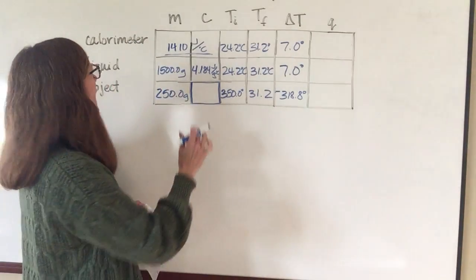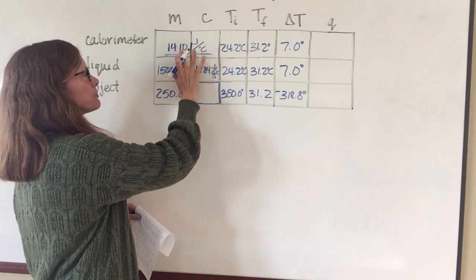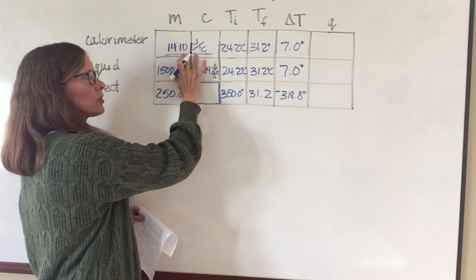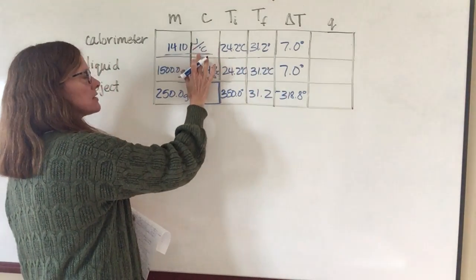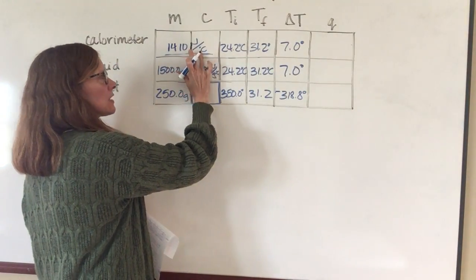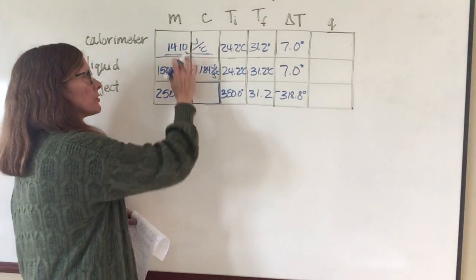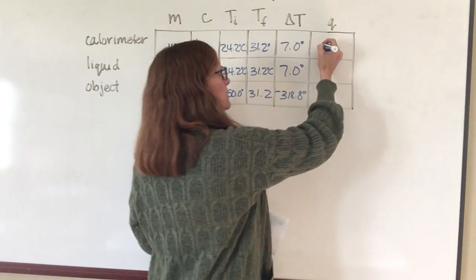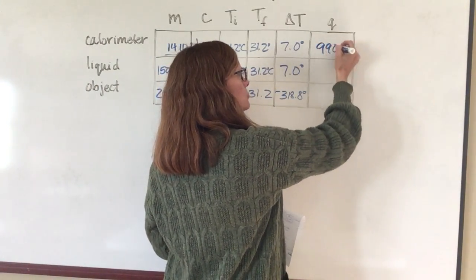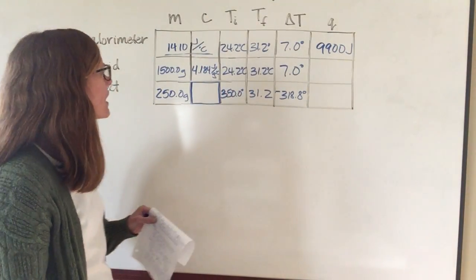So if I look at the calorimeter first, I'm going to take the heat capacity, the 1410, times the delta T. The degree Celsius is going to cancel out with this degree Celsius, and I'll be left with joules. So the 1410 times the 7 will give me 9,900 joules, two significant figures, sorry.